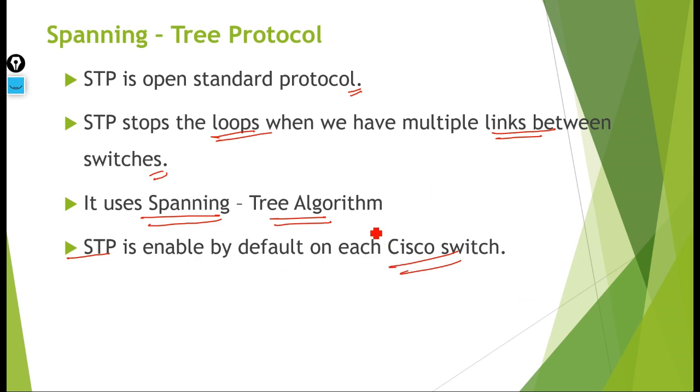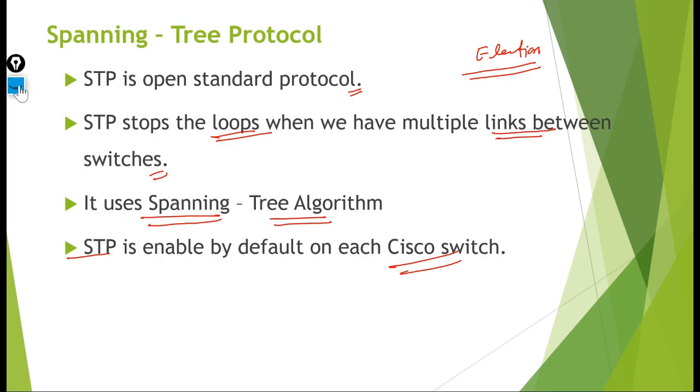Now, how exactly does STP work? STP has something called the STP election process, and you need to understand this algorithm based on that election process. So let's get started.